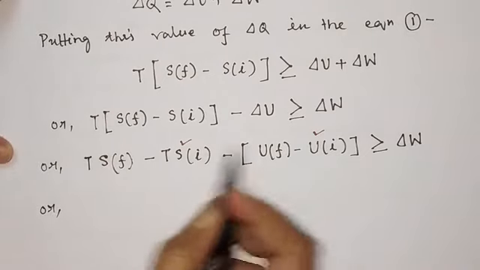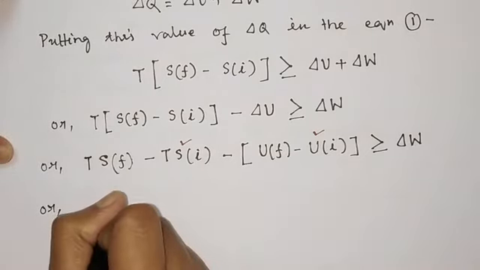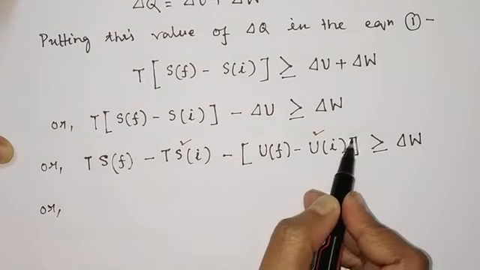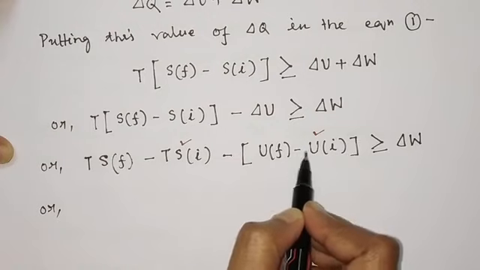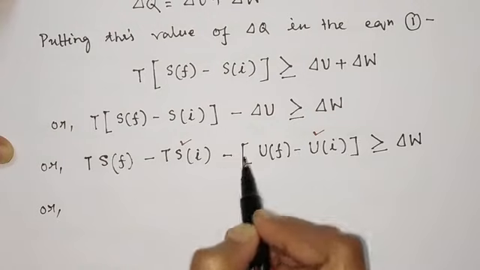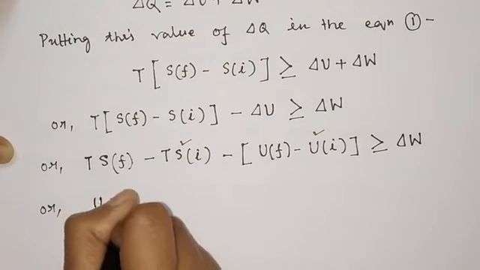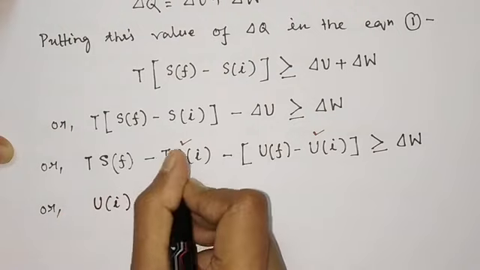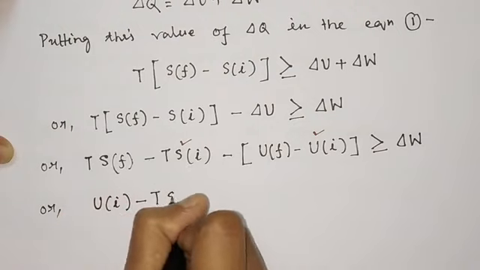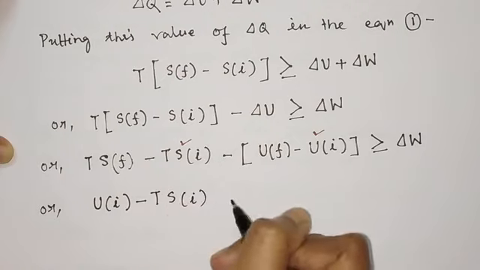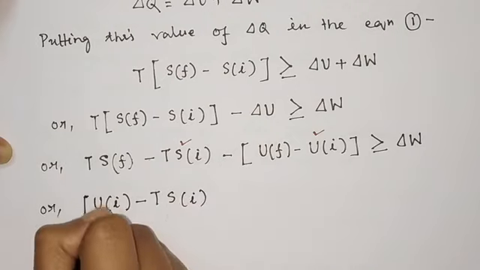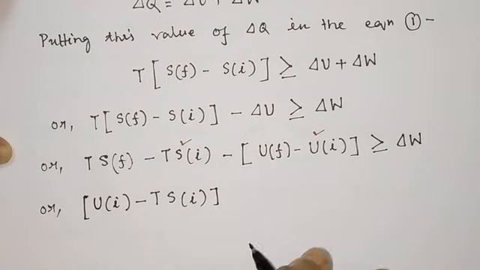So we'll write these two terms together. If we remove the bracket, the signs change: minus and minus becomes plus. So we have UI and this is minus TSI. Okay, we are writing this together.